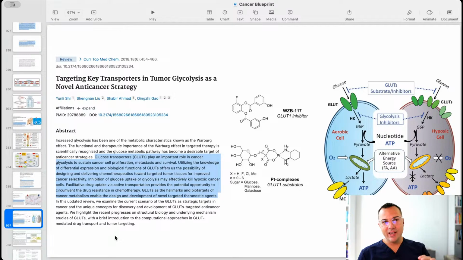Because what I can tell by some of the wording they're using is that they're concerned that there could be really downsides to blocking these glucose transporters, because a lot of these tissues tend to be highly glucose dependent, or they utilize glucose under, I guess you'd call it, normal conditions.